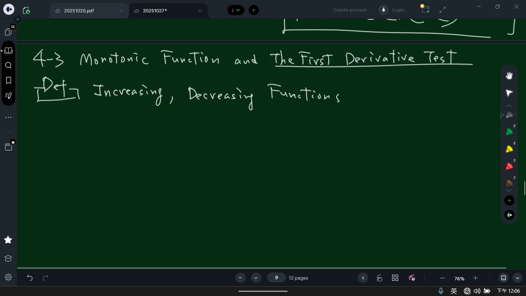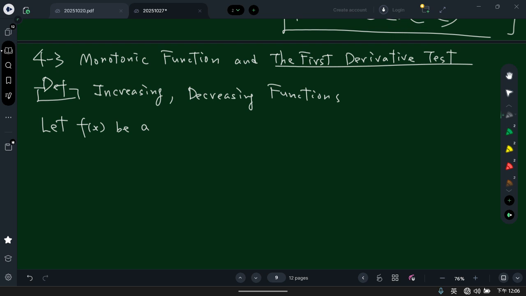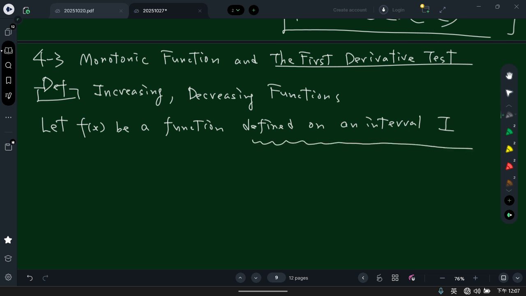Okay, so let f of s be a function defined on an interval I. So that means we just focus on some special interval I. We don't always need to pay attention to the whole domain. We just focus on some interval I instead of its natural domain.